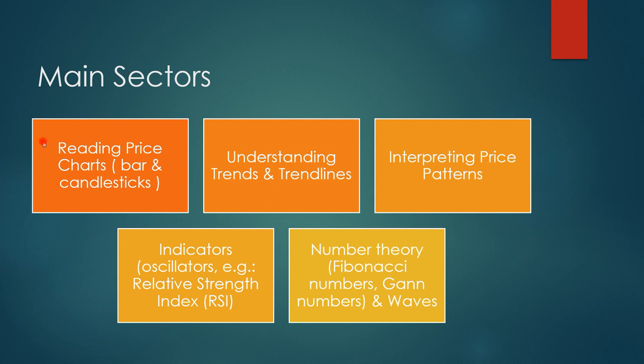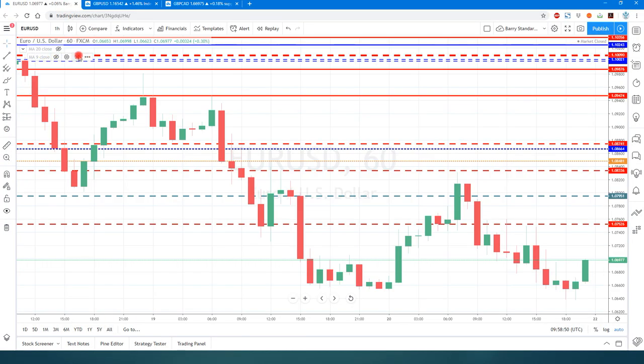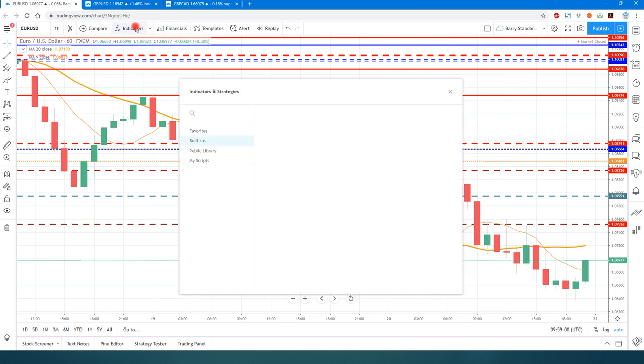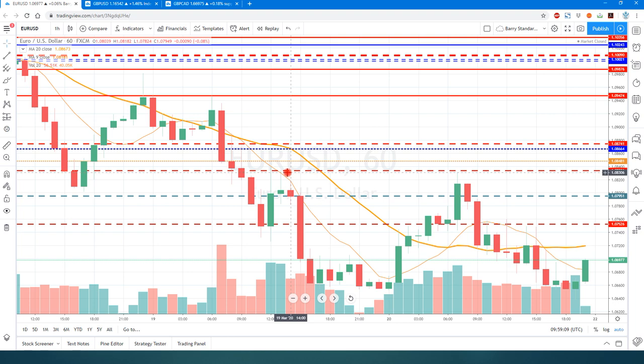Okay. We can also go back and add under our charts little things like moving averages and moving average crossovers. We can add on things like volume, which shows us how many buyers and sellers, or how many contracts, or how many shares are being traded of an asset.